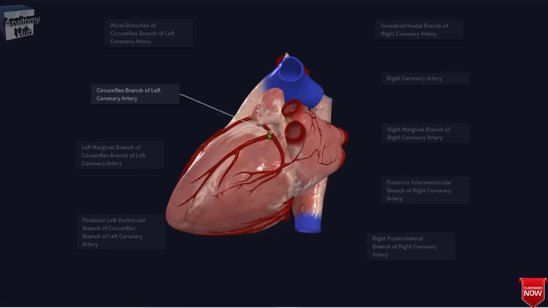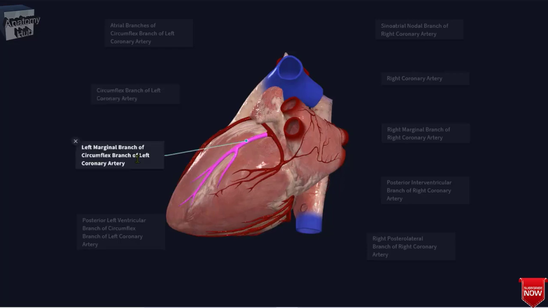The left coronary artery supplies the right atrium, left ventricle, interventricular septum and the AV bundles. The left anterior descending artery supplies the right ventricle, left ventricle and the anterior two-third part of the interventricular septum.